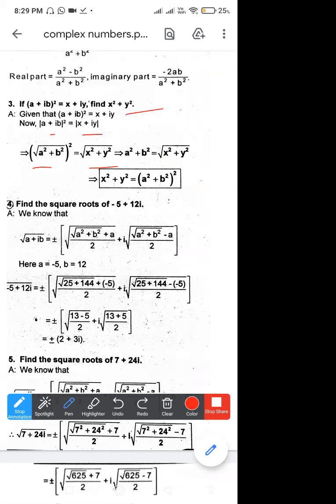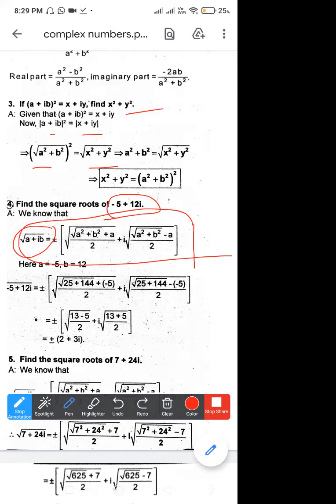Now find the square root of minus 5 plus 12i. What is given to us? Minus 5 plus 12i. So what should we do over here? We already know the formula. What is the formula?